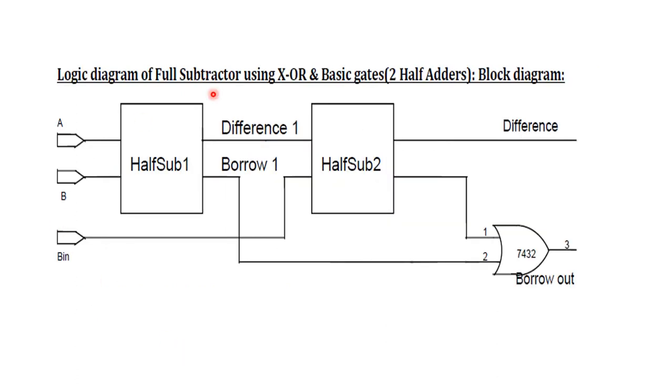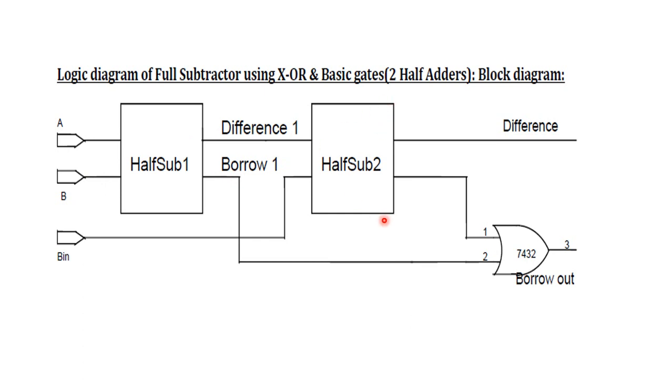Now the logic diagram for the full subtractor using XOR. Two half subtractors will be used. This is my first half subtractor. A and B are the inputs, and the outputs are difference 1 and borrow 1.